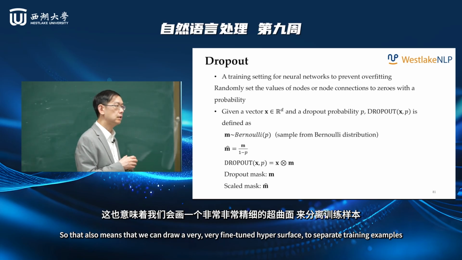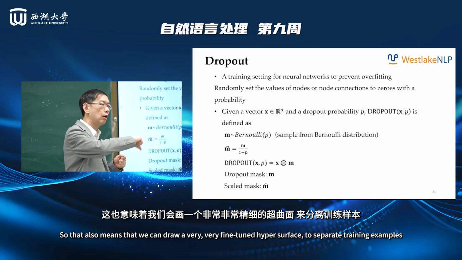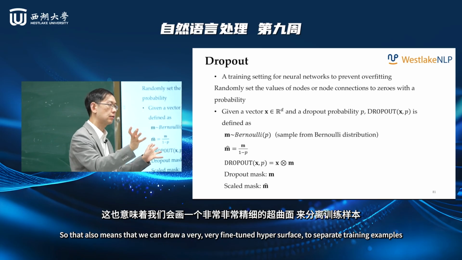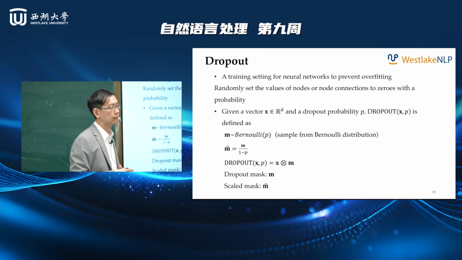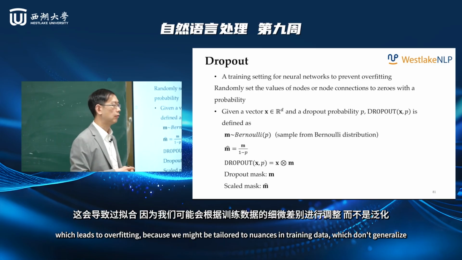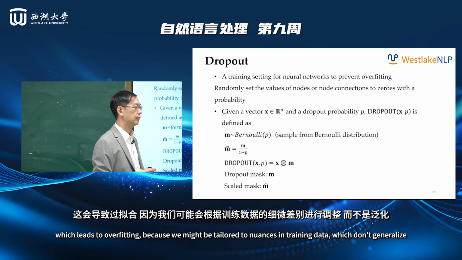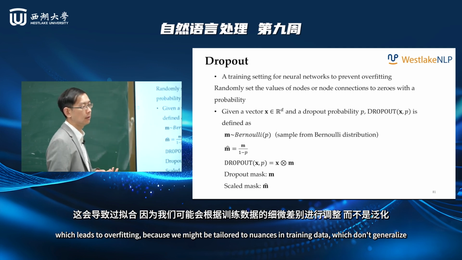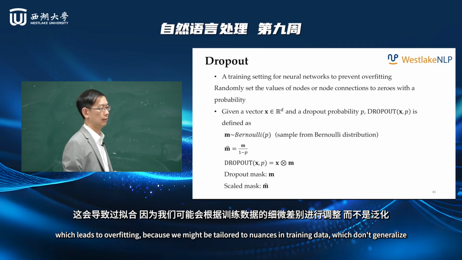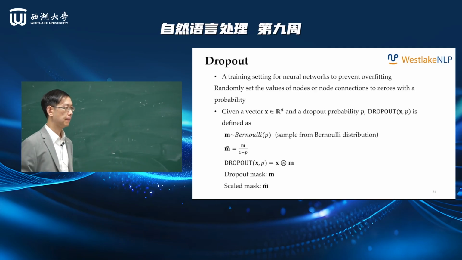So that also means that we can draw a very fine-tuned hypersurface to separate training examples, which leads to overfitting, because we might be tailored to nuances in training data, which don't generalize.